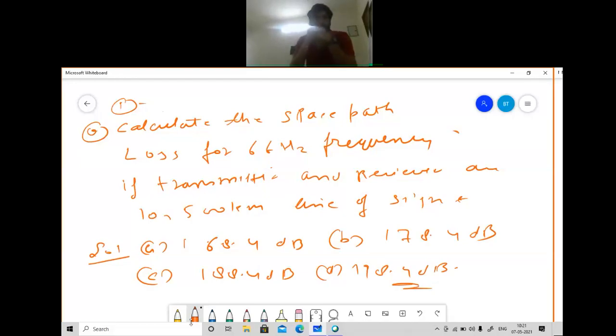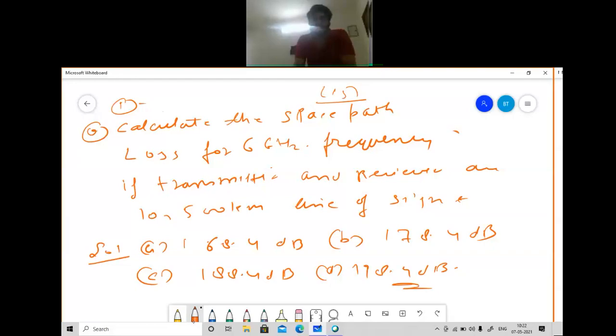Okay, I'll repeat the question. Calculate the space path loss. Actually, they are asking you to calculate LS. Frequency is given as 6 gigahertz. If transmitter and receiver are 10,500 kilometer line of sight, means they are 10,500 kilometer apart, and they are asking you to calculate the space path loss.